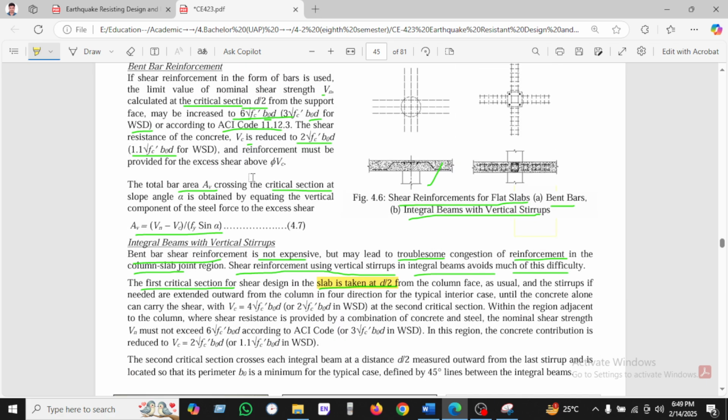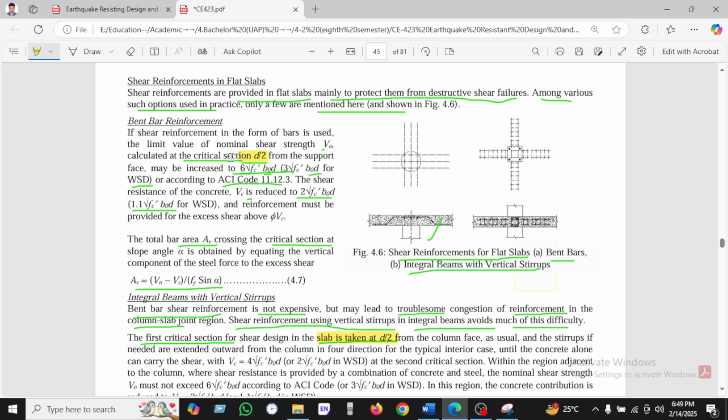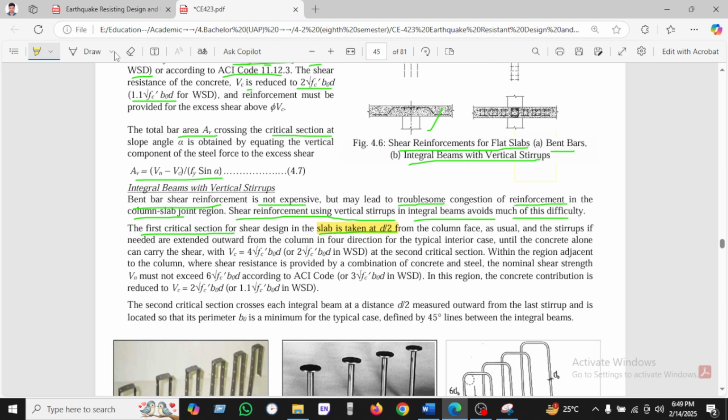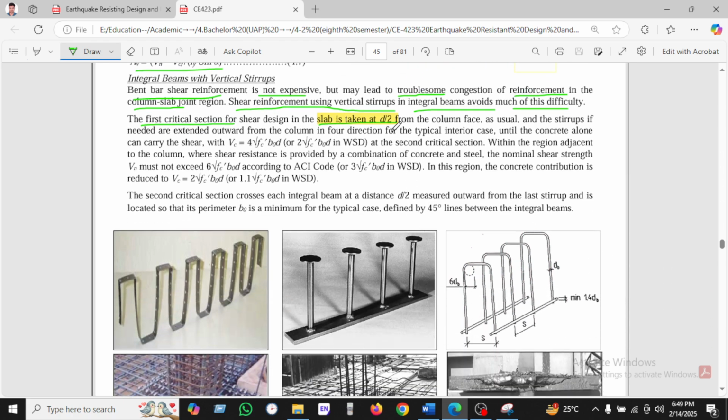This is important, as we have seen previously, the critical section is d divided by 2. And in the column region, usually stirrups are needed to extend outward in the column direction until the face of the concrete. So the column carries Vc equal to 4 into root over f times bd. And on the other hand, for WSD, this formula.